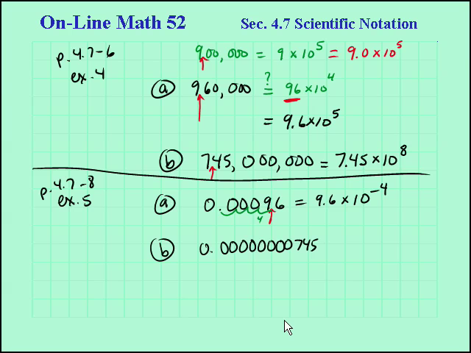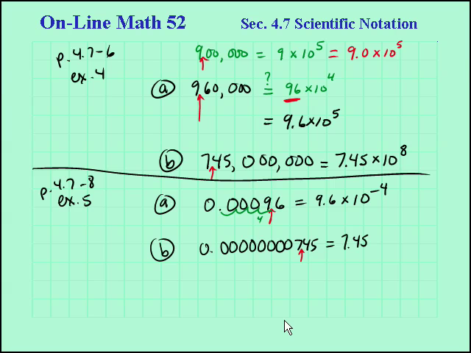By the way, as I counted this out, I was not counting the 0 in front. I'm only interested in the zeros after the decimal point. And here we want it to be, just like in part B above, 7.45. That's going to be the coefficient.